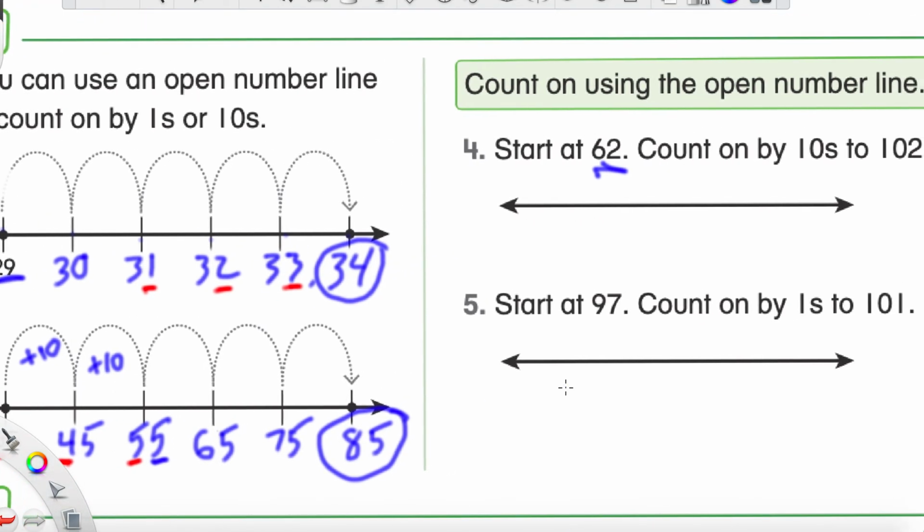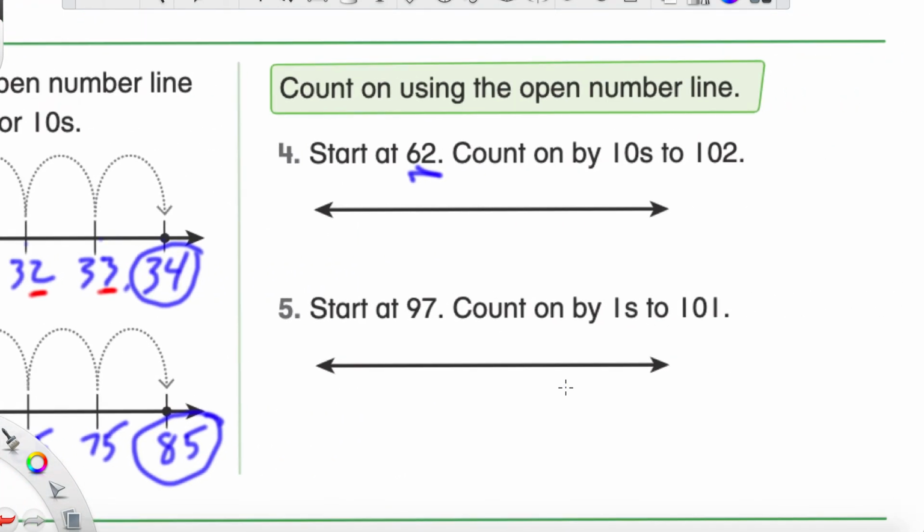So I want you to go ahead and try number 4 on your own. And number 4 says, start at the number 62, count on by tens all the way to 102. So they're not telling you how many jumps.